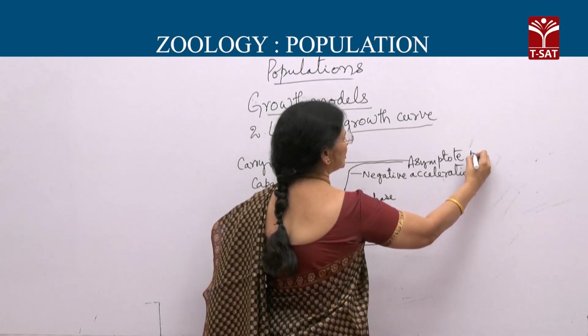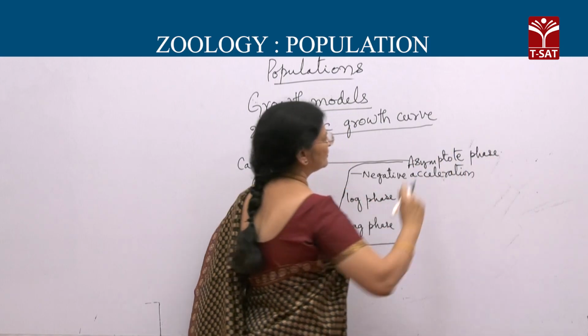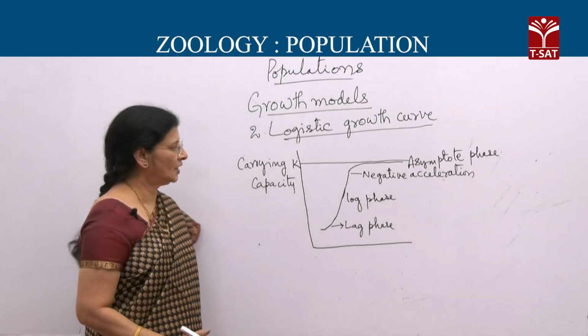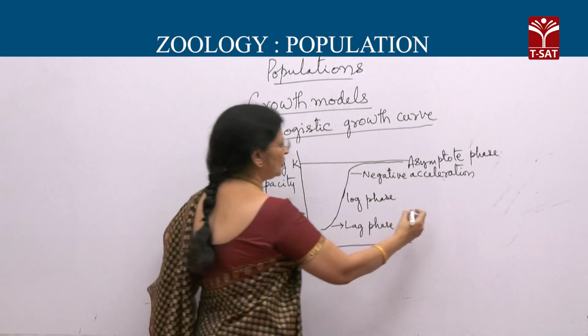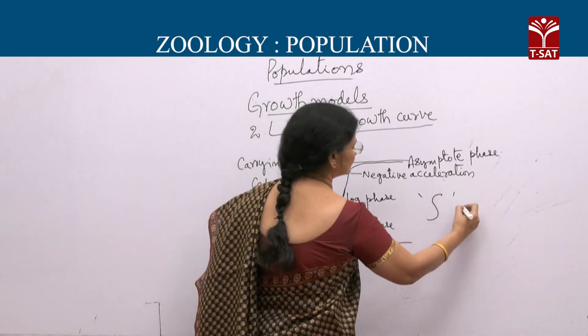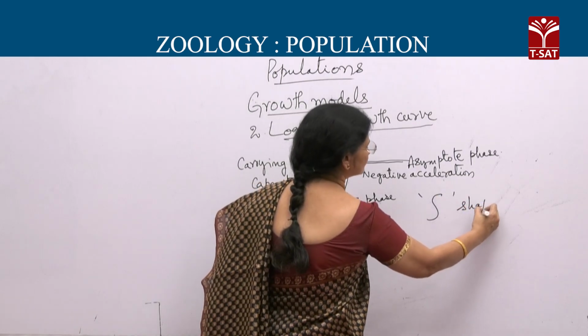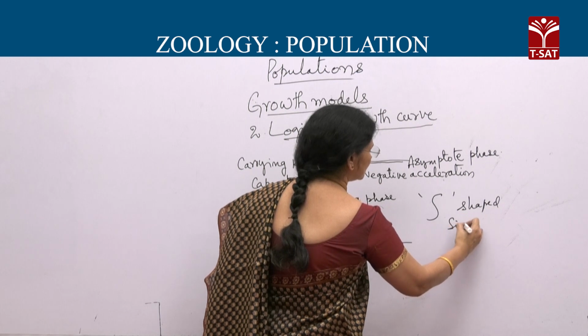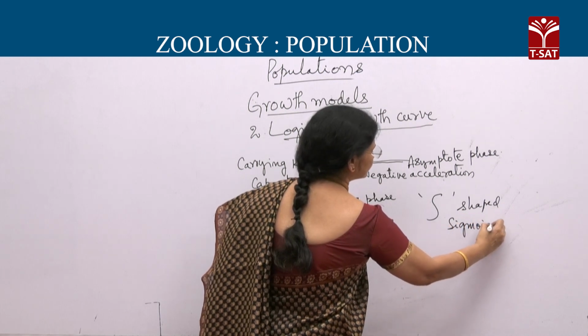They have reached the equilibrium state. So you will find a sigmoid growth curve, S-shaped sigmoid growth curve you will get.